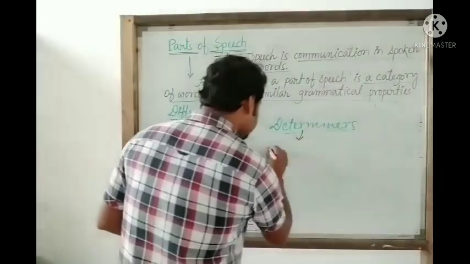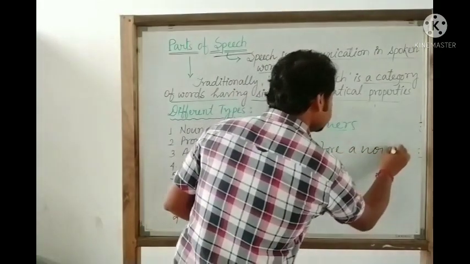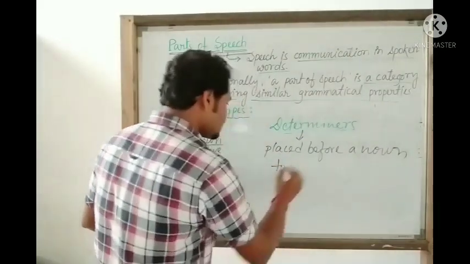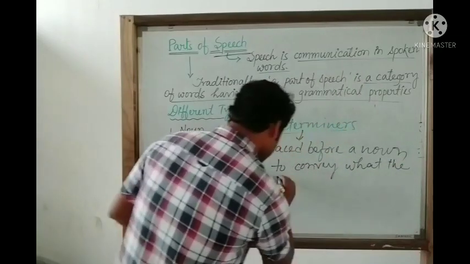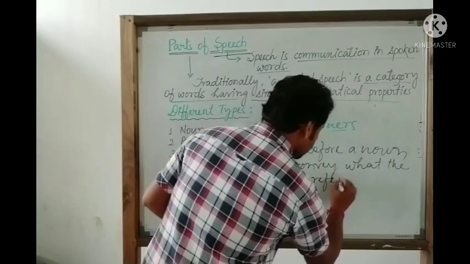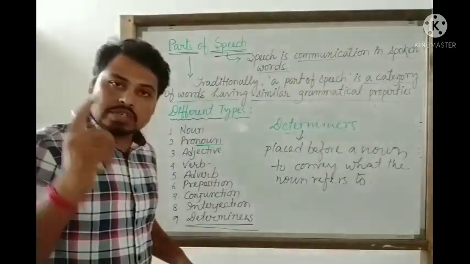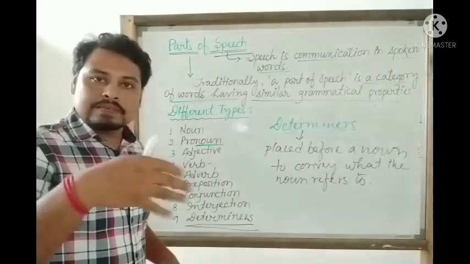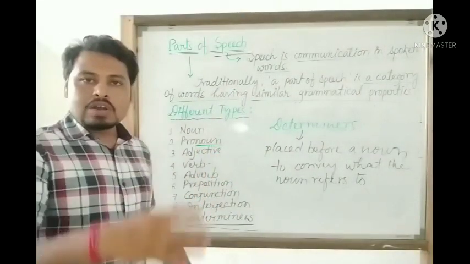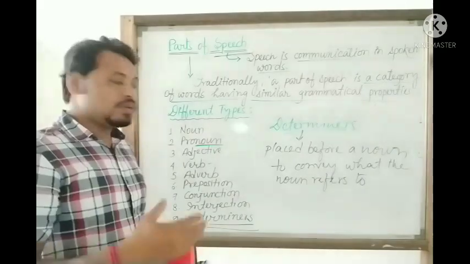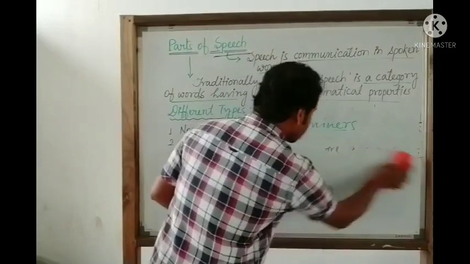Determiners are words placed before a noun to convey what the noun refers to. So determiners are some special words that are generally placed before a noun to convey what that noun refers to. Altogether there are many types of determiners. You would get that in that video.